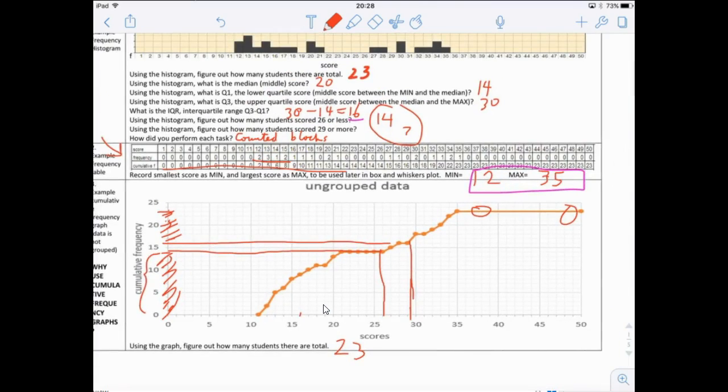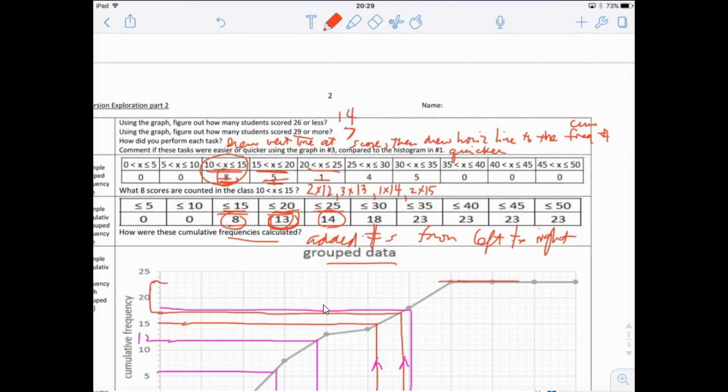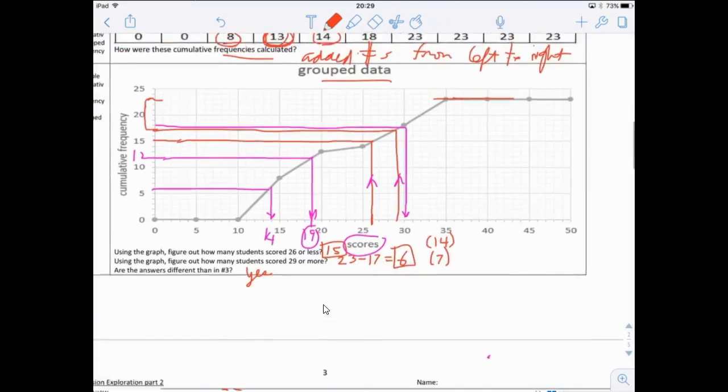It's going to be like this one here, where we actually counted every 5 and we grouped everyone. For example, we counted 8 people between 10 and 15. That would be 2 people got 12, 3 people got 13, 1 person got 14, and 2 people got 15. Okay, so you're gonna do that.